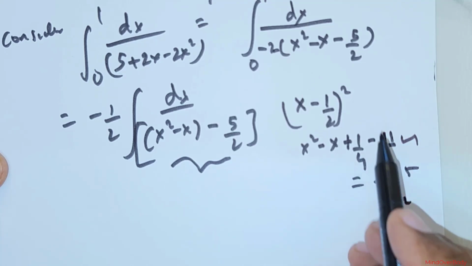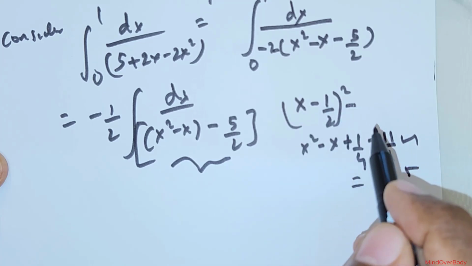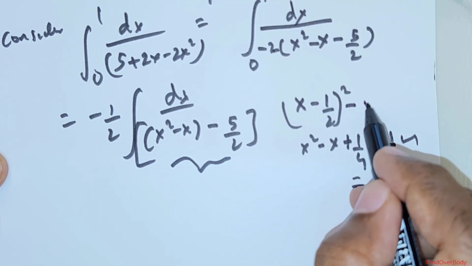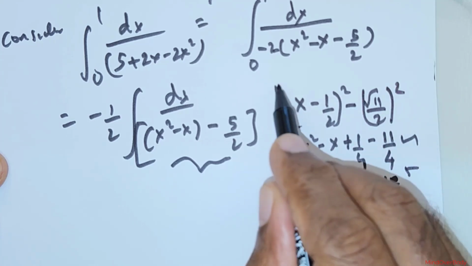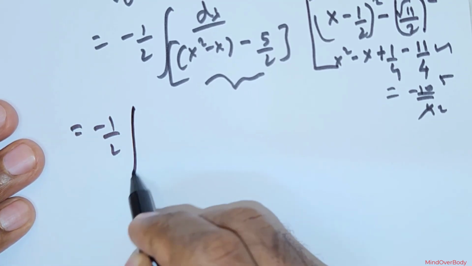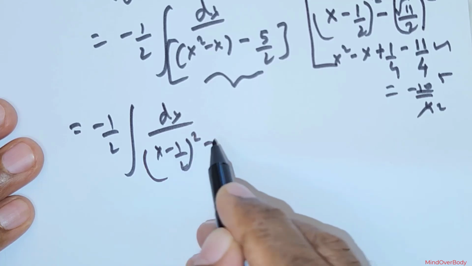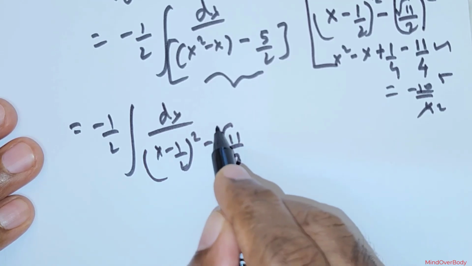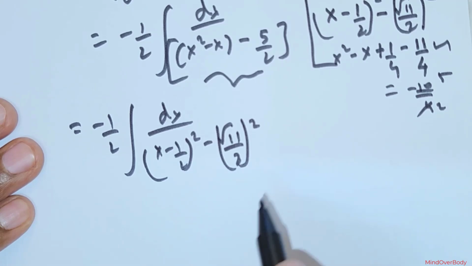So this is fair enough. But when we write, I would be rewriting it as (x - 1/2)² - (root 11 over 2)². So this is equal to -1/2 integral dx over (x - 1/2) whole squared - (root of 11 over 2) whole squared.